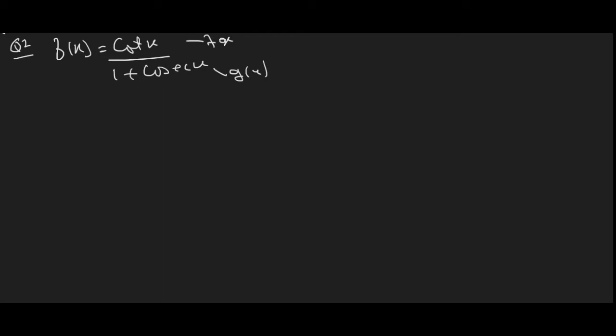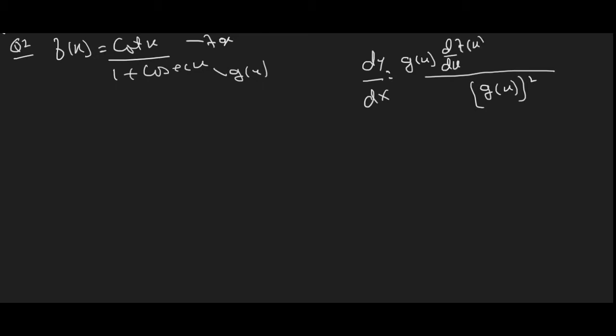So what is the division rule? Division rule is dy by dx is equal to g of x whole square, g of x d by dx of the first function minus the first function d by dx of g of x.